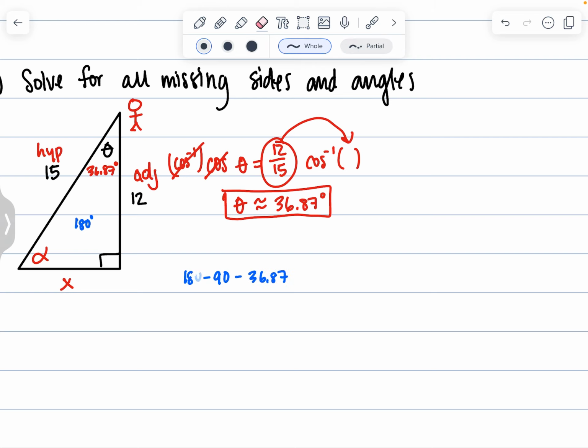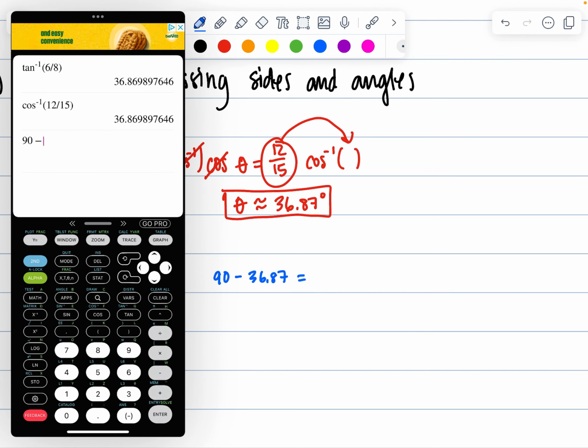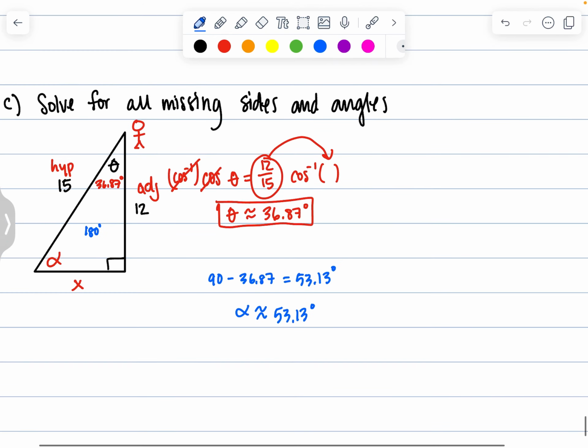Or personally, I would just do 90 minus 36.87, because as we know, the 2 non-right angles are always going to be complementary. So I would just throw that into our calculator, and we get 53.13. So in this particular case, alpha is 53.13 degrees, this is an approximation, and we're done. Well, with the angles.